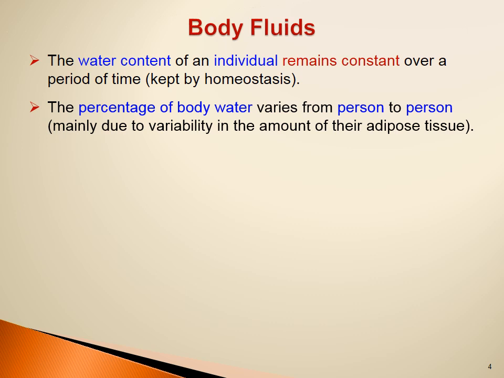The percentage of body water varies from person to person, and it is inversely related to the amount of the adipose tissue in the respective person. For example, because women have more fat, they have lower body water compared to men.